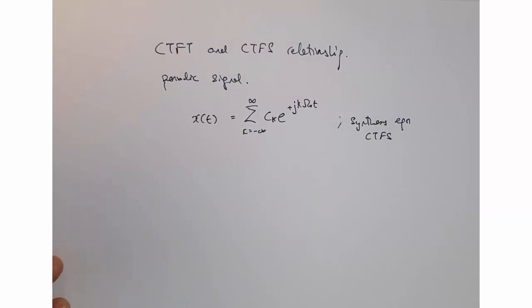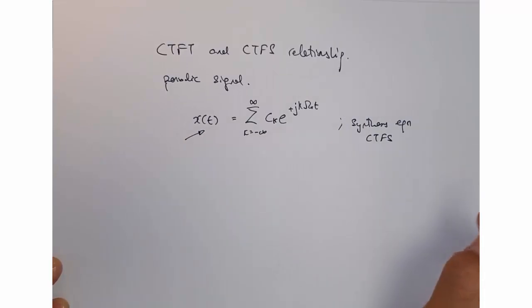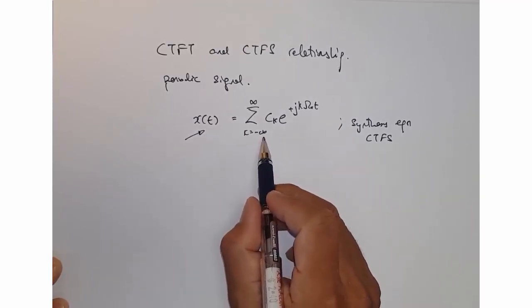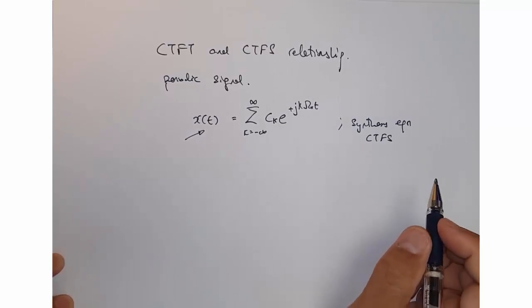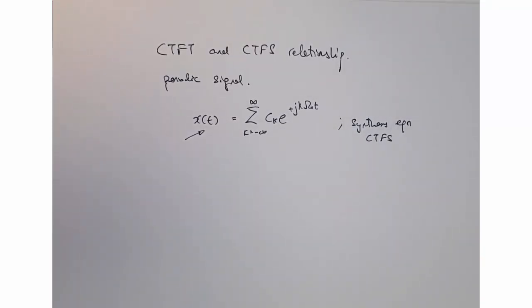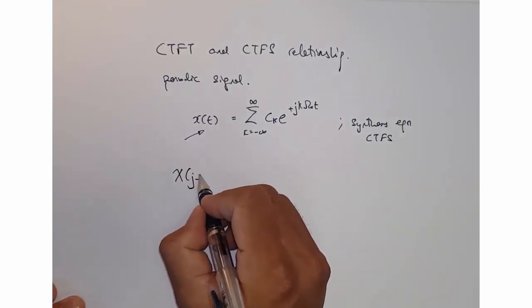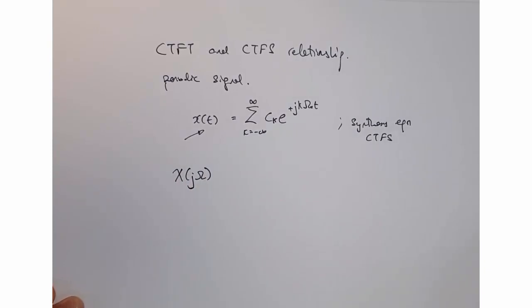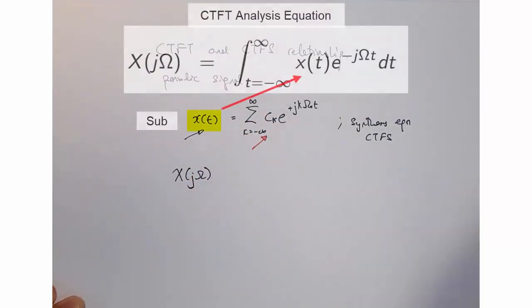Now, if the above is true, and for this to be true, x of t must satisfy some Dirichlet conditions, then the left-hand side will be equal to the right-hand side in some mean square sense. We will now apply X of j omega, that is, the continuous time Fourier transform, using the representation of x of t in this form.